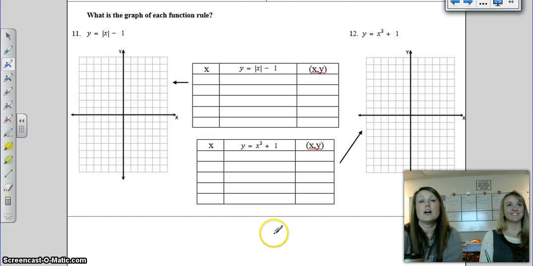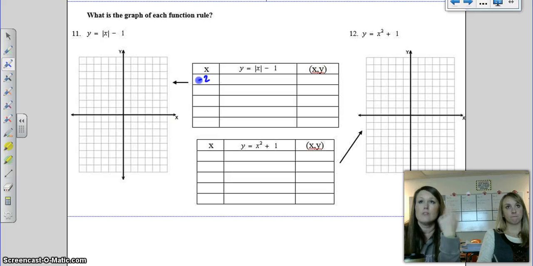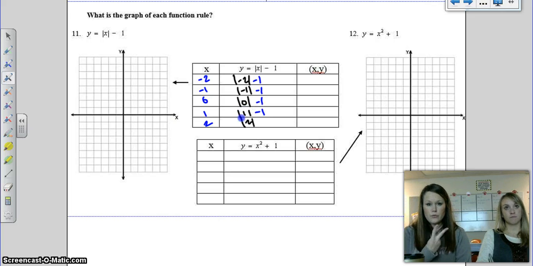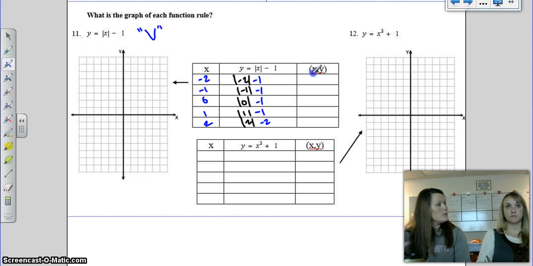Okay, this is kind of confusing. All right, so we've got absolute value, y equals absolute value of x minus 1. So I'm still going to use my -2, -1, 0, 1, 2. I'm going to plug it into my table. One thing that I remember from last time is that absolute value graphs make a V. So it's okay if I'm going to get similar values in my ordered pairs.